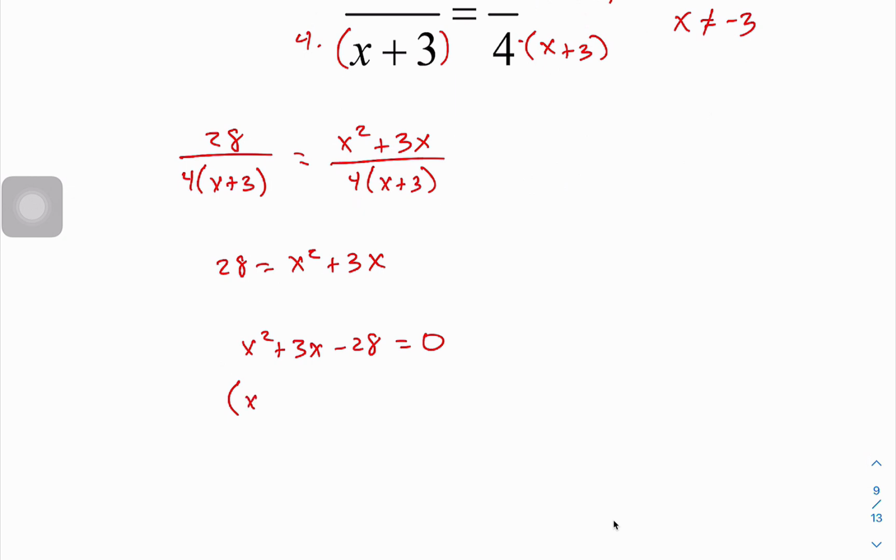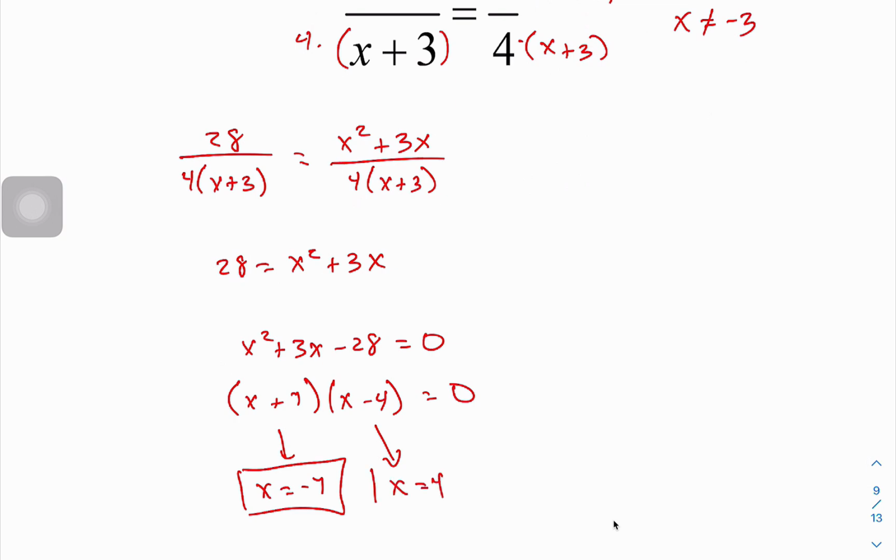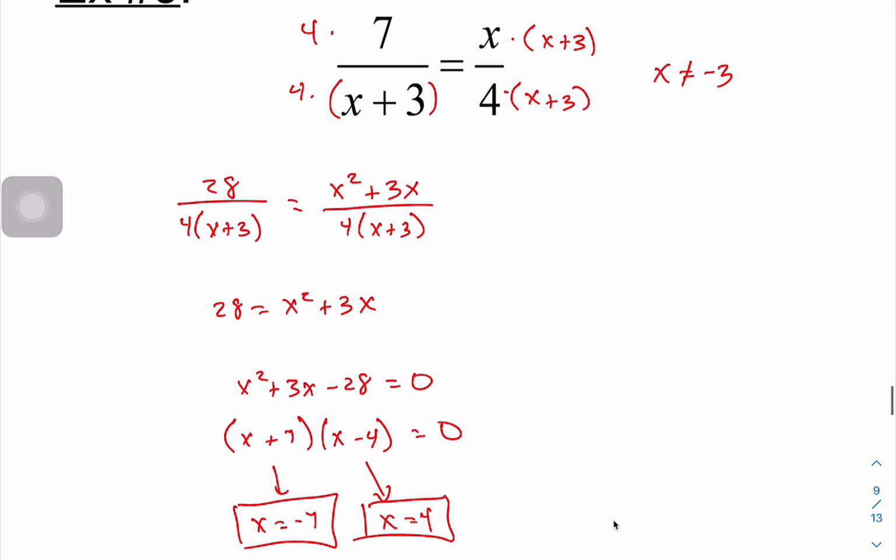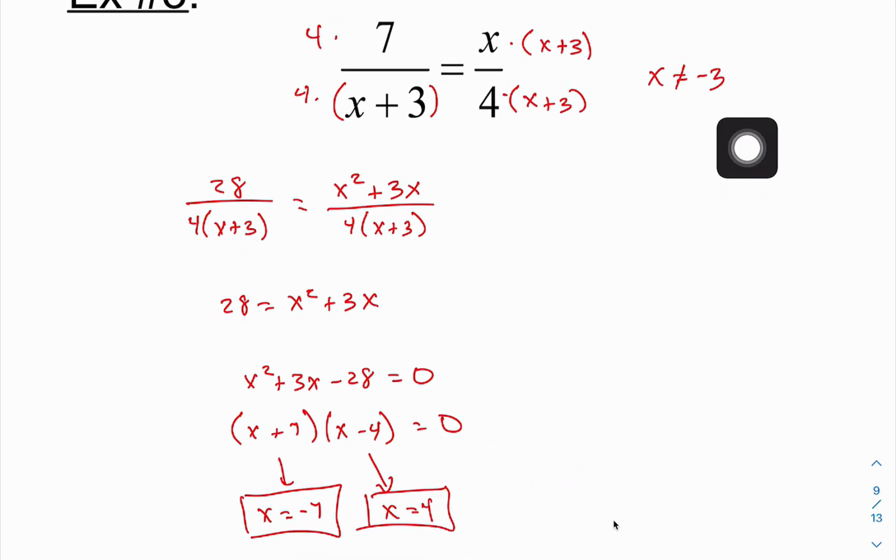We end up with x plus 7 and x minus 4, which means x equals negative 7, and x equals 4. And if you double check, notice again, neither one of those answers was the value of x that we could not have, which means we're good. We've got 2 answers in this case.